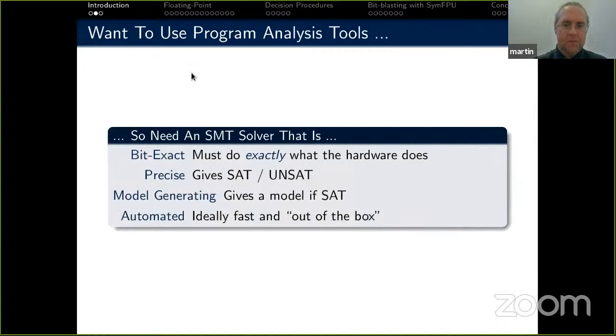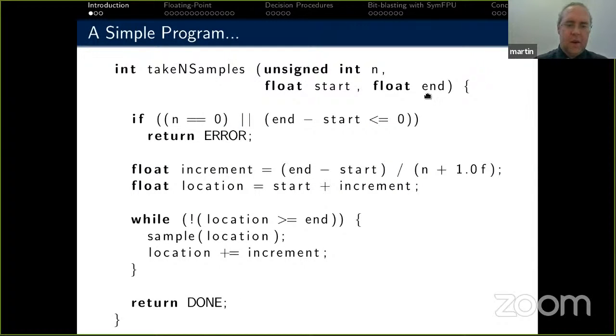So this is a program. The idea is that it takes in n, which is the number of sample points it should take, a start point and an end point.